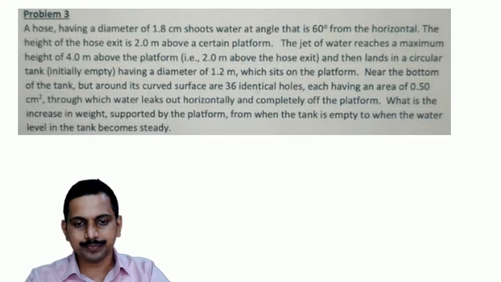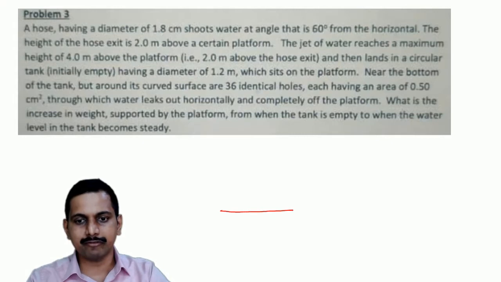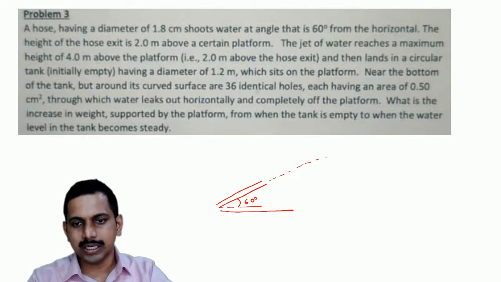Now what happens here is there is a platform like this. I will draw it horizontal, just a second. So there is a horizontal platform like this, and there is a hose which is at 60 degree angle. It is shooting water out of this, and this water goes to a maximum height of 4 meters above this platform level.